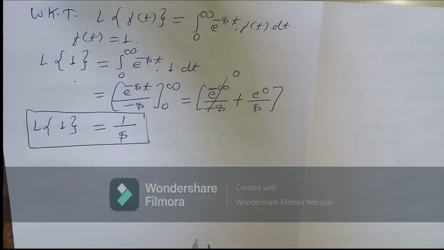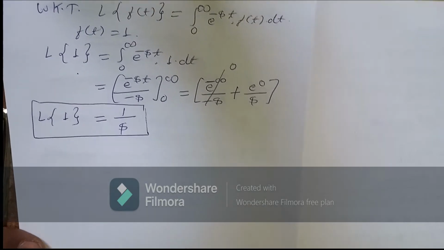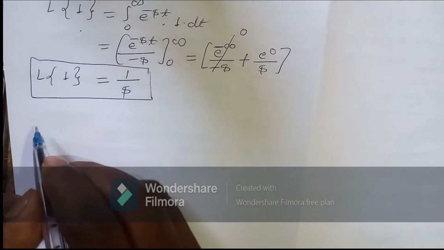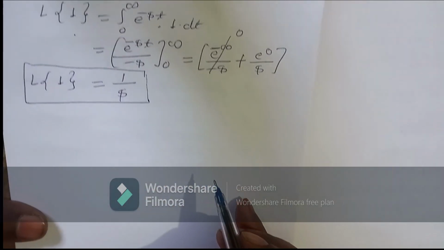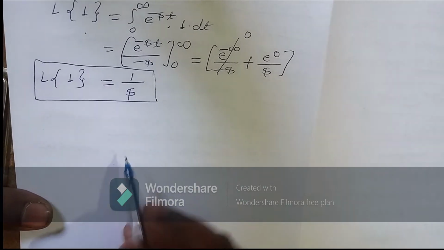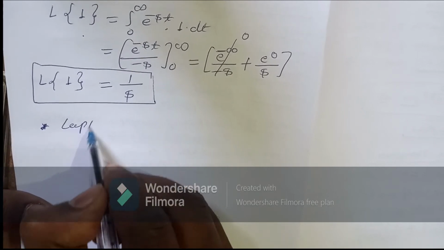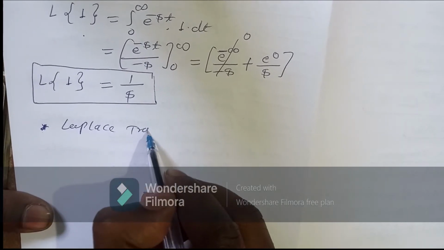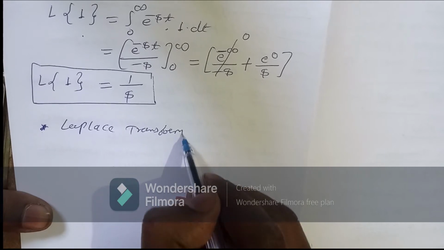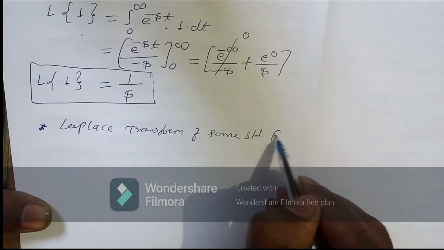So in this way we can calculate the Laplace transform of other standard functions. Now let us directly write down the formulas of standard functions. So here let us write down the heading, Laplace transform of some standard functions.